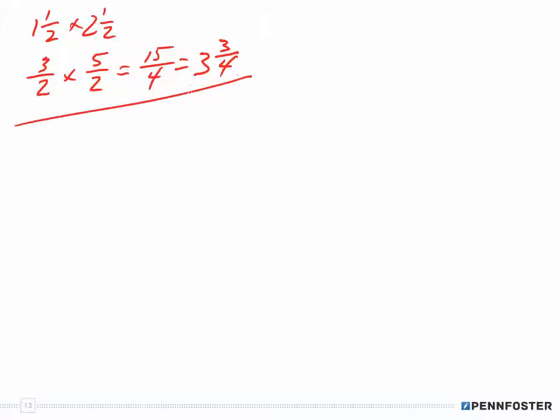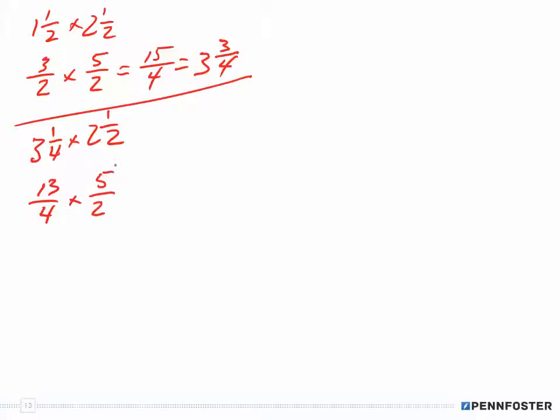Okay, next is the 3 1/4 cups of flour times the 2.5. We're doing the same exact thing. 4 times 3 is 12, plus 1 is 13 over 4, times 5/2.